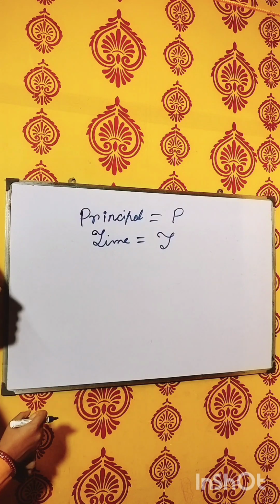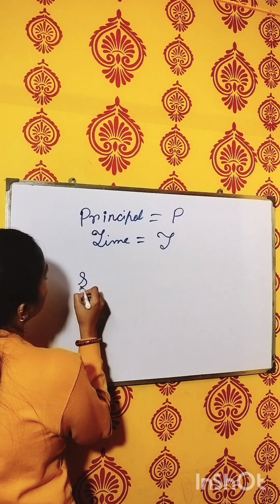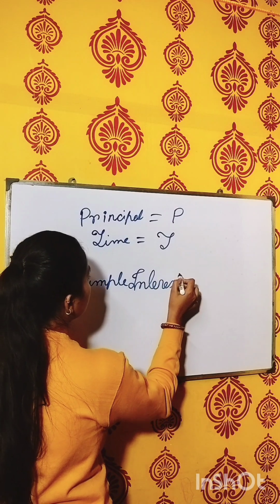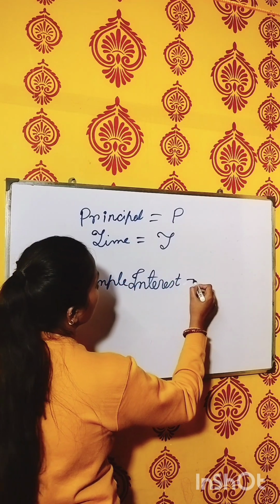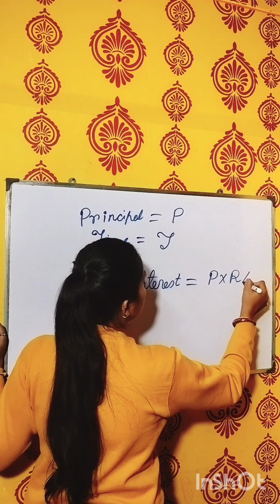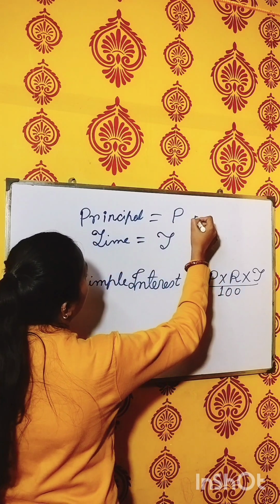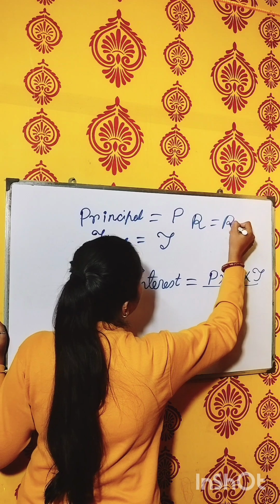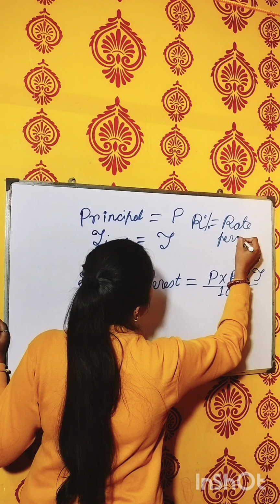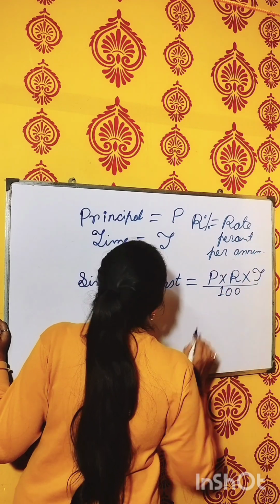Therefore, the formula of simple interest will be expressed as simple interest is equal to P multiply R multiply T whole divided by 100. Okay, and R is the rate percent per annum, means per year.